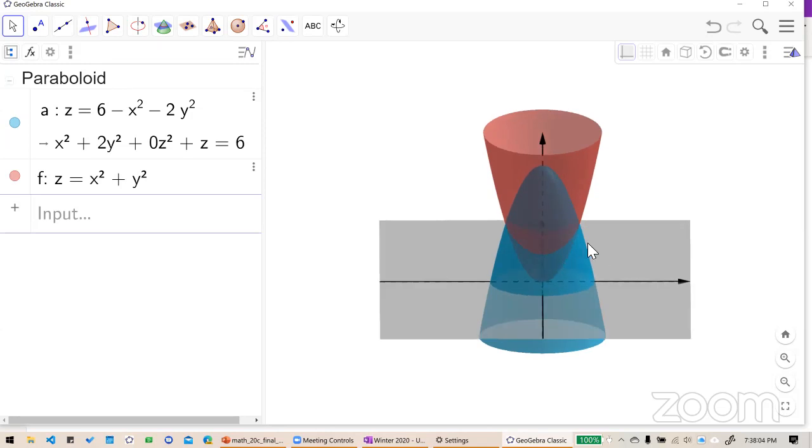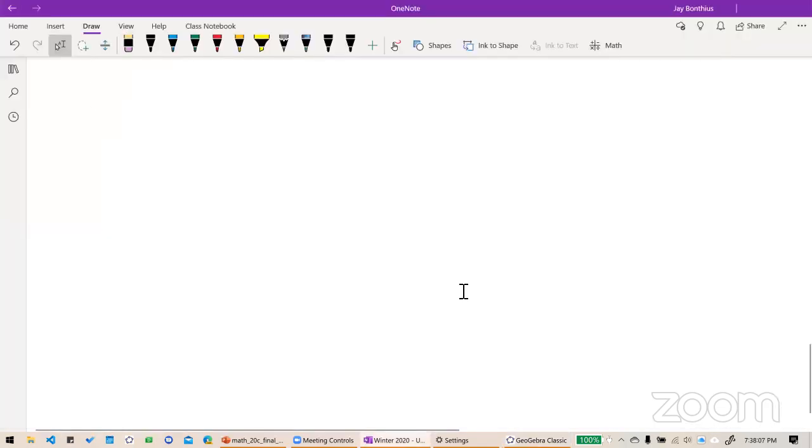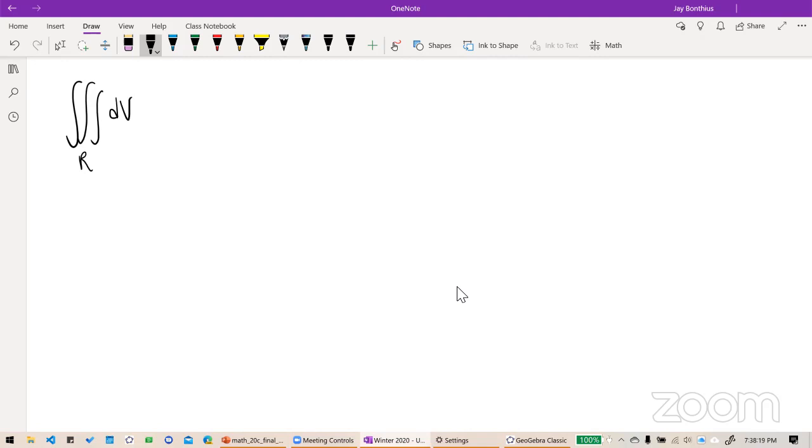Okay. So, find, is it just dV? Integrating dV? Okay. So we're going to integrate over the region R, just dV, where z is bounded by x squared plus y squared on the bottom, and 6 minus x squared minus 2y squared on the top.